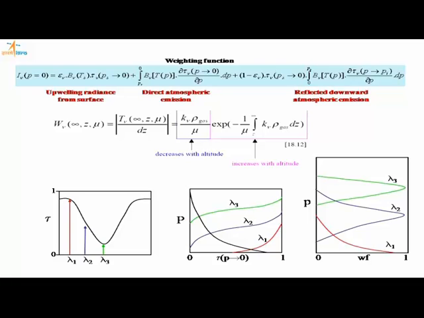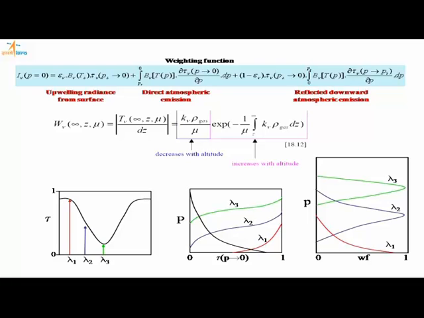If we make an observation at this point where absorption is very large, at this wavelength, the radiance emitted by Earth's surface gets absorbed by the atmospheric column, because the absorption is very large and the transmittance is very small. So this radiance is not able to reach the satellite height. It gets absorbed in the intermediate layers.